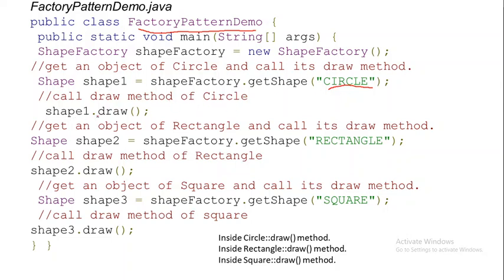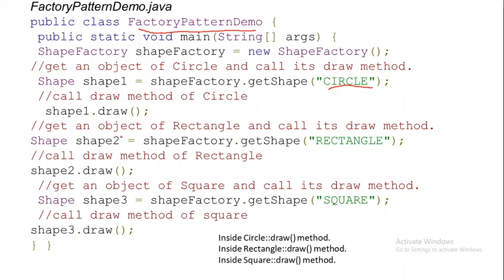Whenever I use the statement shape1.draw, automatically this shape1.draw method will refer to this shape1. This shape1 refers to the Circle object. So it will print the message inside Circle draw method.